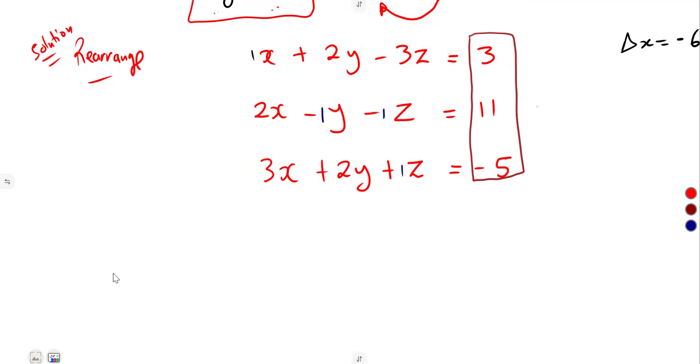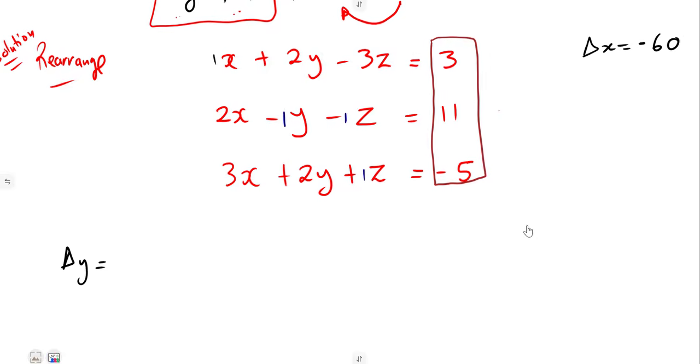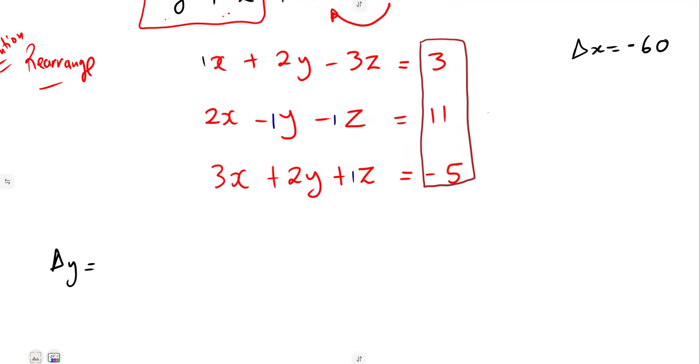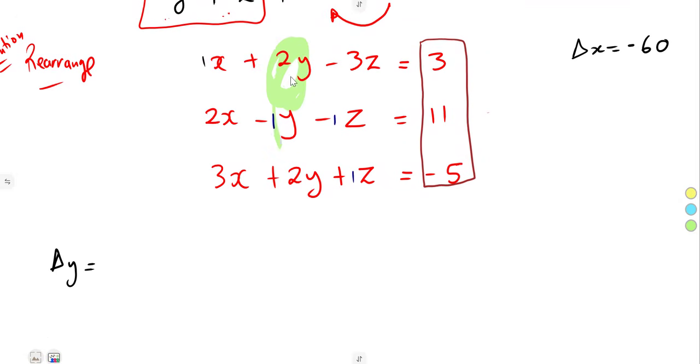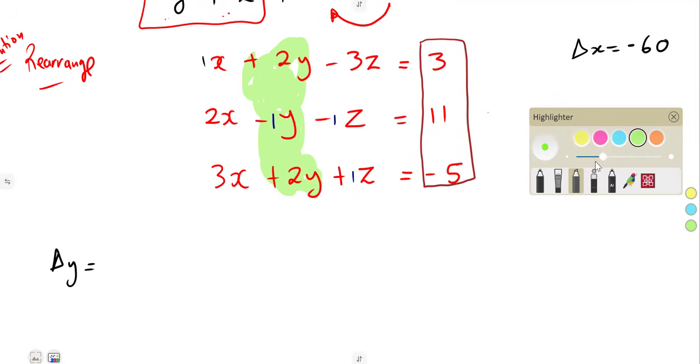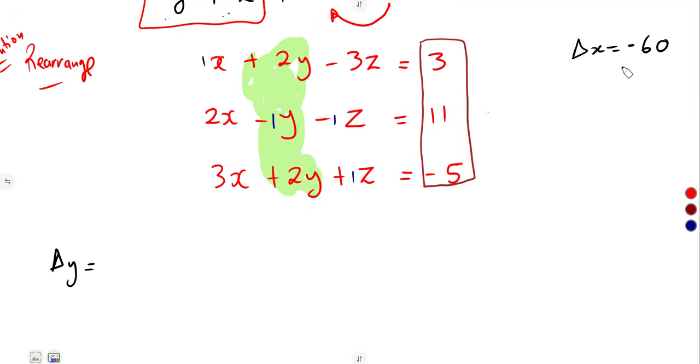All right. So this time, delta X, we are done. So let us move on to delta Y, because we have to find everything here. So the part of Y is the one that is affected this time. You cover it up, then replace with constants.